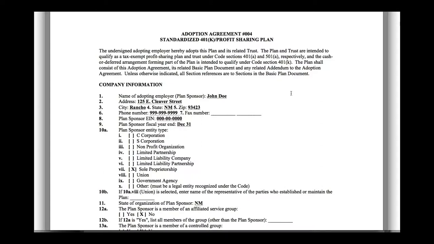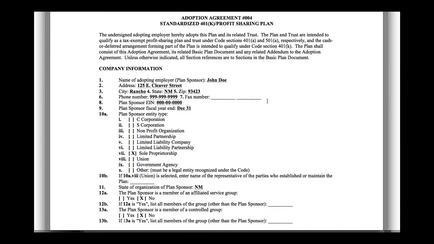What determines what selections the plan is going to have to operate by? That's the adoption agreement. So your adoption agreement says, okay, the basic plan document allowed me to do certain things. These are the specific actions, the specific choices I'm going to take in regards to my retirement plan. And that's the adoption agreement, making the concrete decisions and choices about how your retirement plan is going to operate.